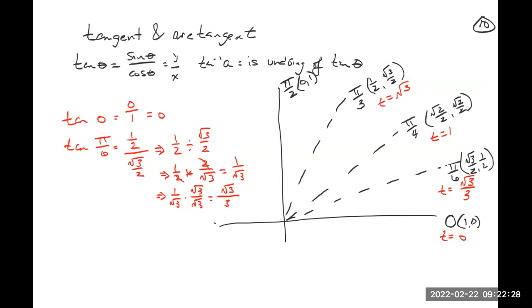And it's here that we have a bit of a problem, right? The tangent of pi over 2 would be 1 over 0, which is division by 0, and that is undefined.